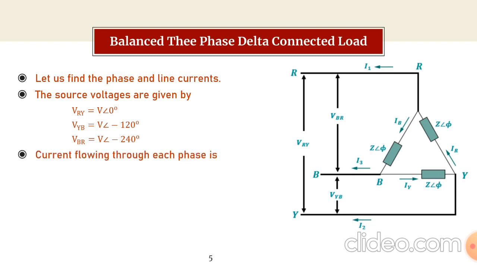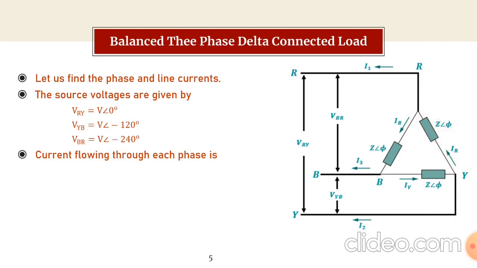Now the current flowing through each phase. Let us consider R phase. What is the current here? IR. We know that the formula for current is V by Z. What is the voltage across this phase? It is VRY, because it is connected to R phase and Y phase. And what is the impedance of this phase? It is Z at an angle phi.